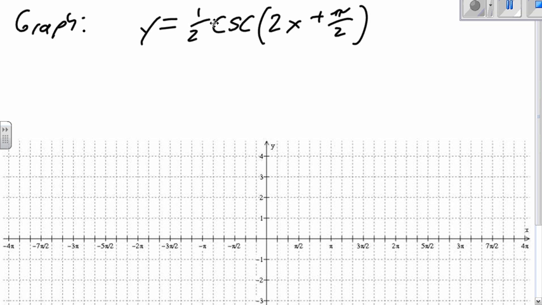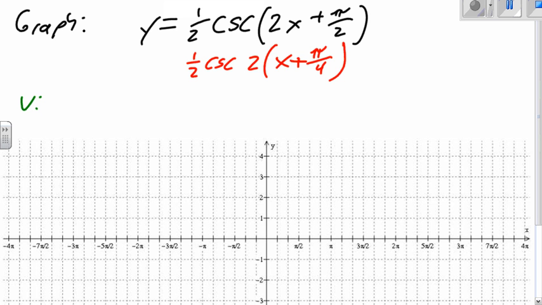So here we're going to graph y equals 1/2 cosecant of (2x plus pi over 2). Just like in the previous section, you first have to factor out whatever's in front. So let's take out the 2. We get x plus, when we divide by 2, this becomes pi over 4. And we'll do the same thing. There's no vertical shift to start with.